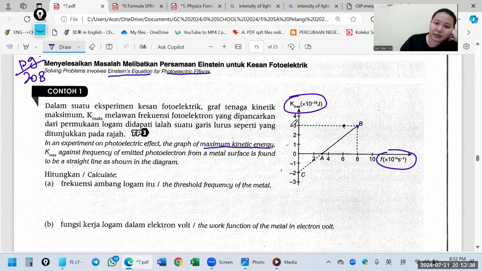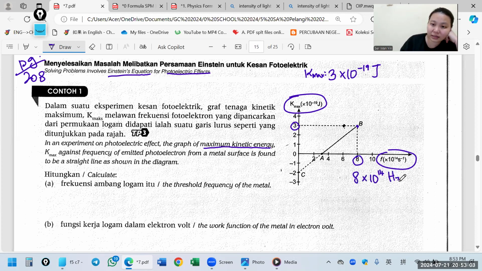This is not only 3, Kmax is 3 times 10 to the power of negative 19 joules. This F is not 8, but 8 times 10 to the power of 14 hertz.